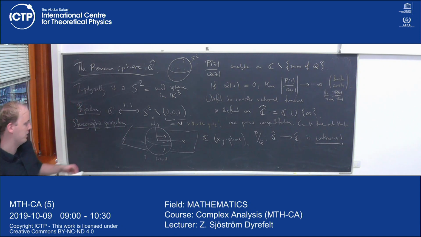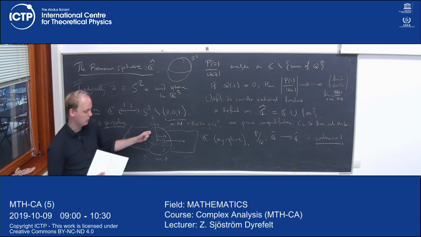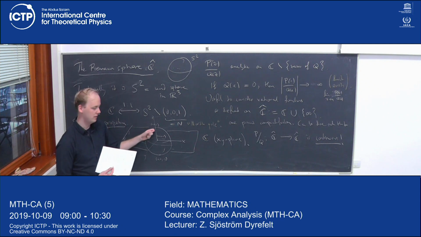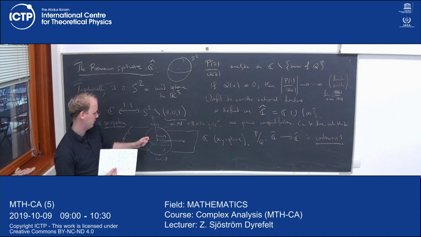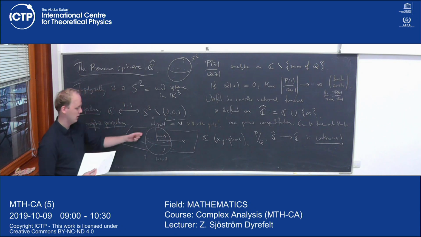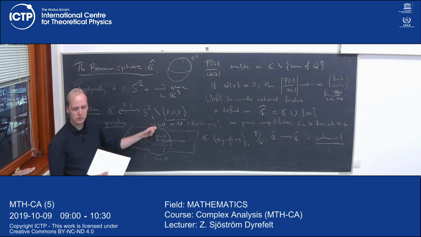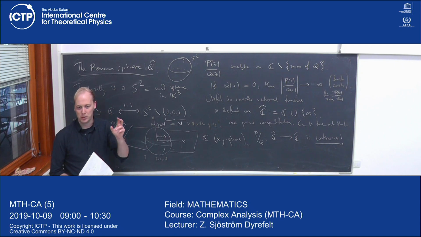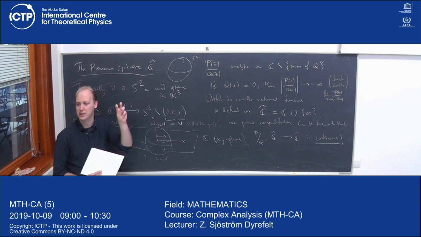The stereographic projection is going to be a bijection from this sphere minus the North Pole to C, which is the complex plane. And this North Pole, we will say that this is the one point that we add to compactify the whole thing. So this North Pole will be infinity.